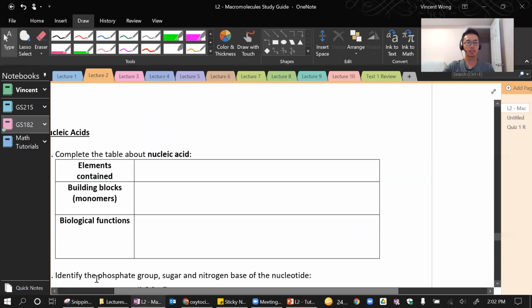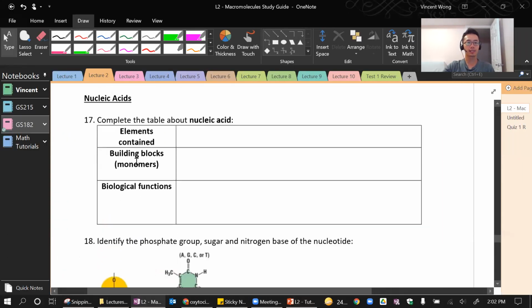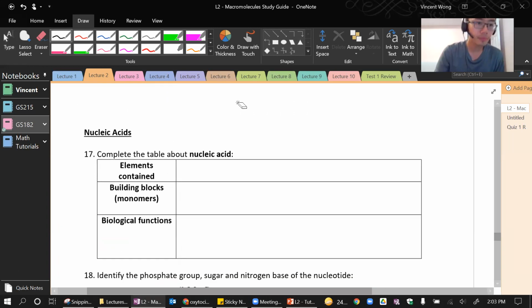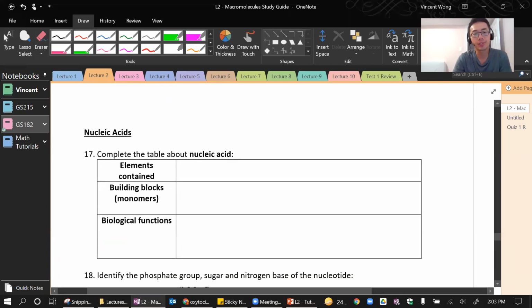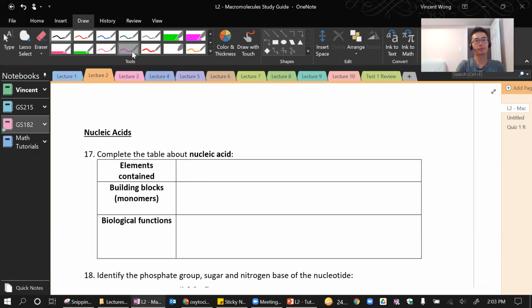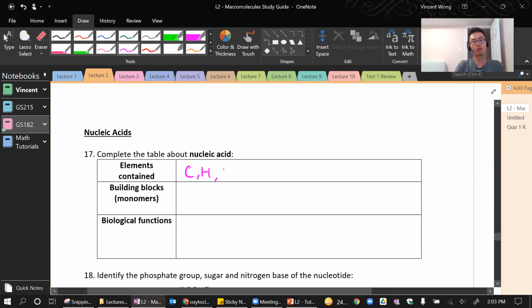Okay, final part here. We have the nucleic acids. So what elements are found in nucleic acids? We have C, H, O, N, and as well as P. All 5 major ones. Building blocks: nucleotides.